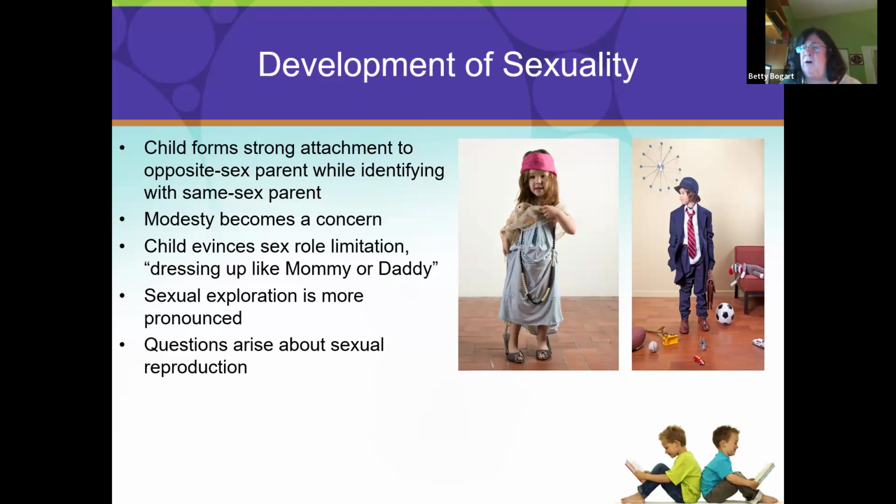Can I borrow your phone? He's in there in the bathroom with the phone, like an adult would be. You will see the dressing up of mommy and daddy, girls and boys for sure. And now they're understanding there's differences between the boys and the girls, and especially if mommy or somebody close to them gets pregnant, like, how'd that happen? Well, you don't have to explain the whole thing to them.